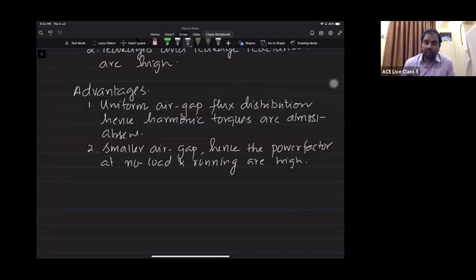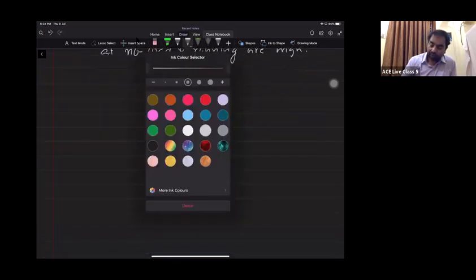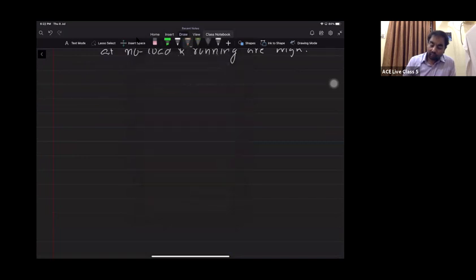Based on the tabular comparison, we will decide which slots are used for the induction machine. Let us go for a tabular comparison. I'll start with open slots, semi-open slots, then closed slots.